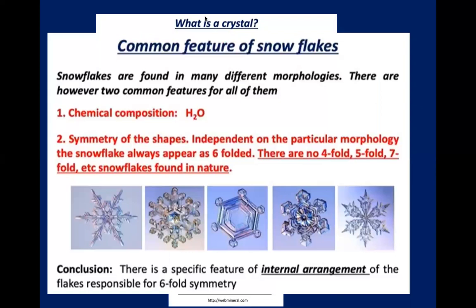These are all because of the internal arrangement, so you should be able to visualize a crystal as a very symmetric substance, and also they should have a definite chemical composition. So these are important.